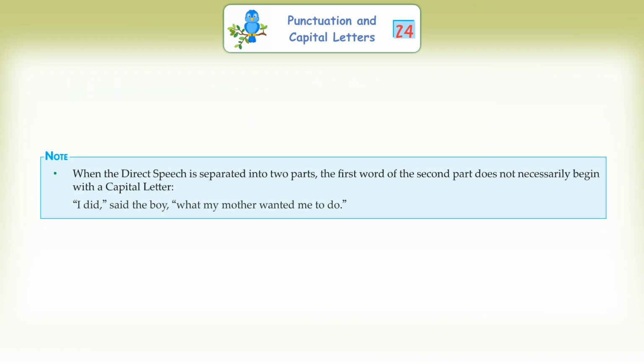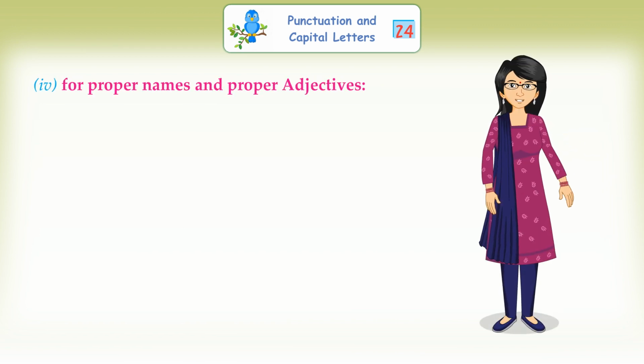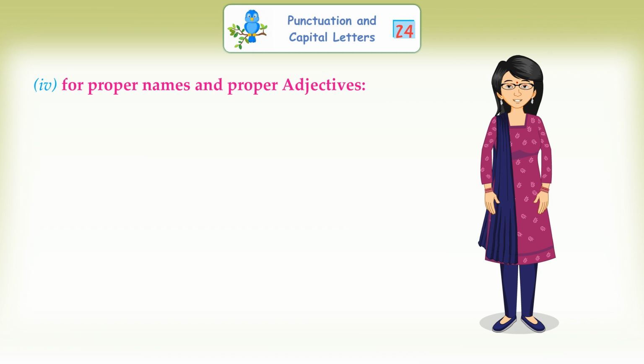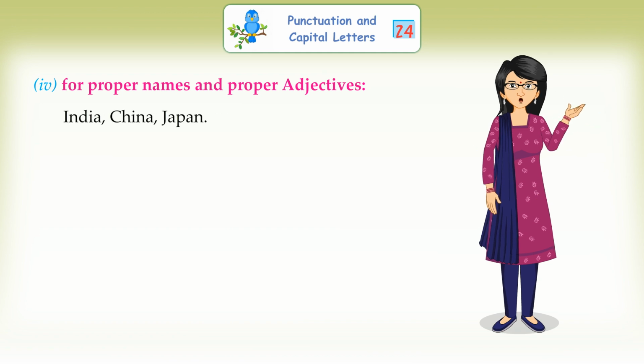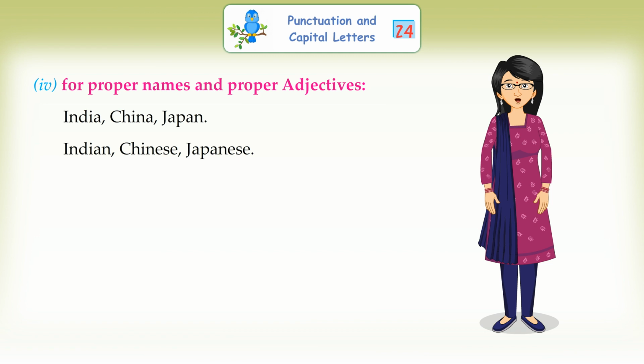Note: when the direct speech is separated into two parts, the first word of the second part does not necessarily begin with a capital letter. "I did," said the boy, "what my mother wanted me to do." For proper names and proper adjectives: India, China, Japan, Indian, Chinese, Japanese.